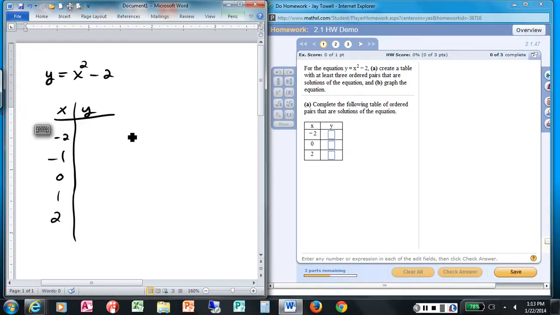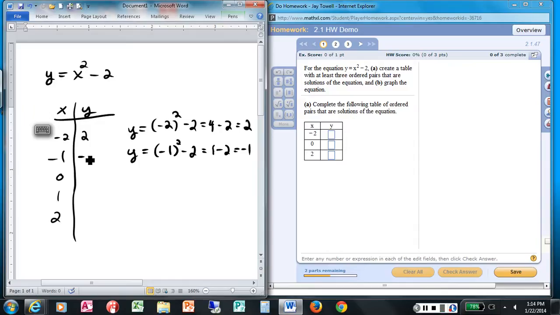All right, so if x is -2, then we have y equals -2 squared minus 2, which of course -2 squared is +4, minus the 2 will give us a +2, so we have -2, +2. Y is -1. I'll do a little bit of math here. -1 squared is +1, minus the 2, that's going to give us a -1.